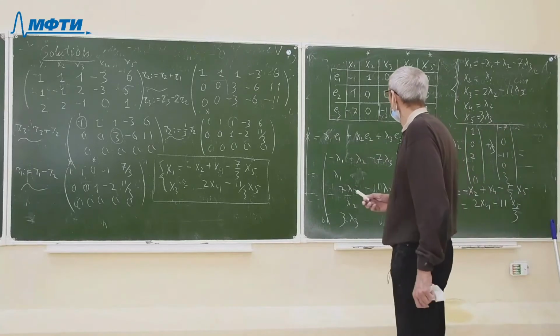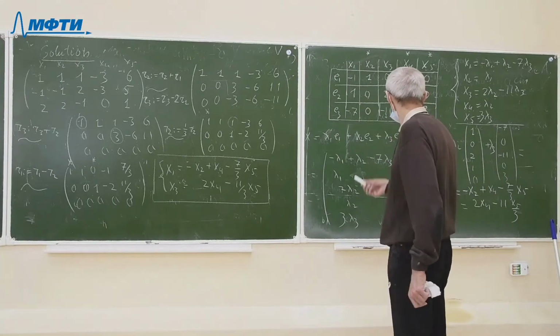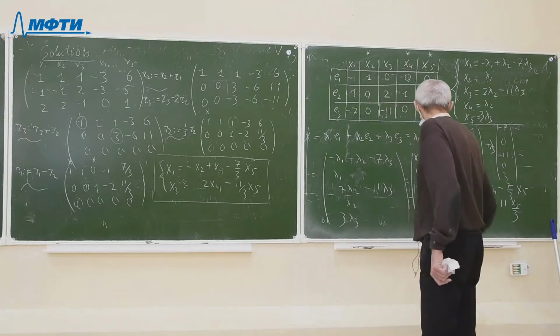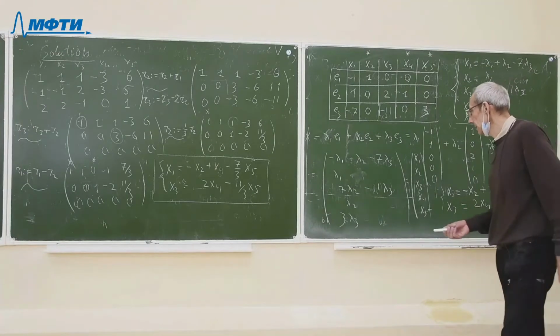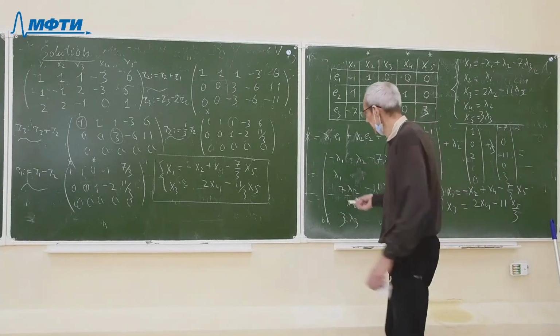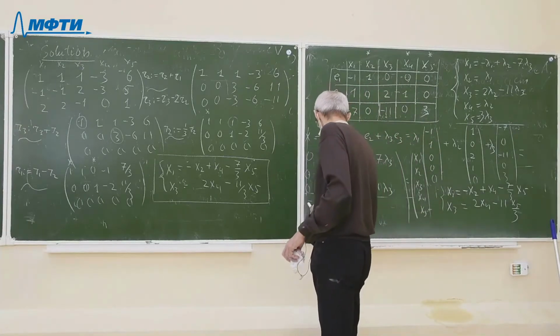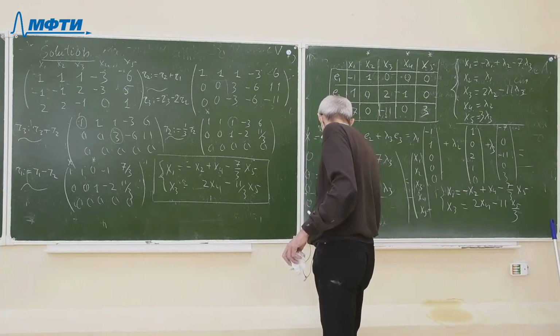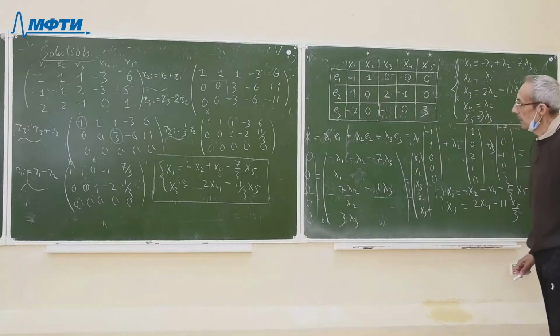Let's check this fact and prove it. Suppose that the linear combination is equal to 0.